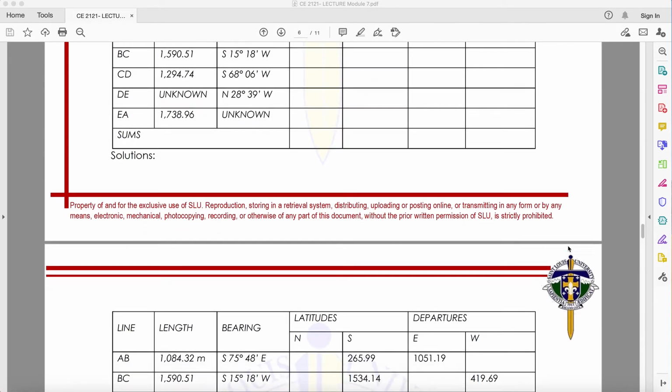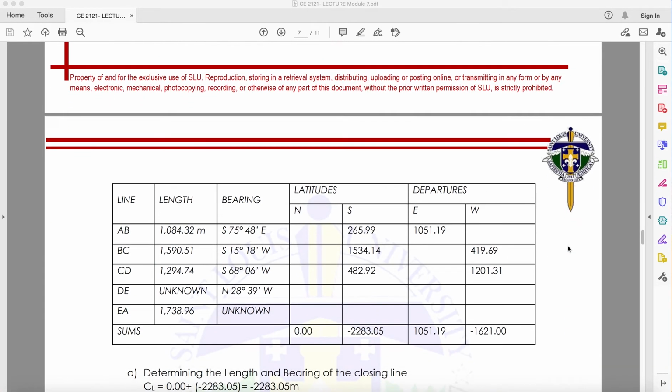For the solution, let us first solve the known values: the latitudes and the departures of AB, BC, and CD. Solving for the latitude, here it is. Solving for the departure, here it is.